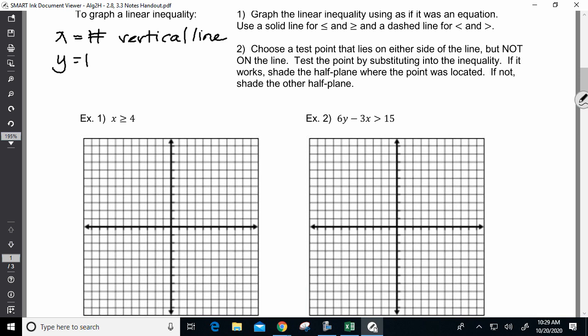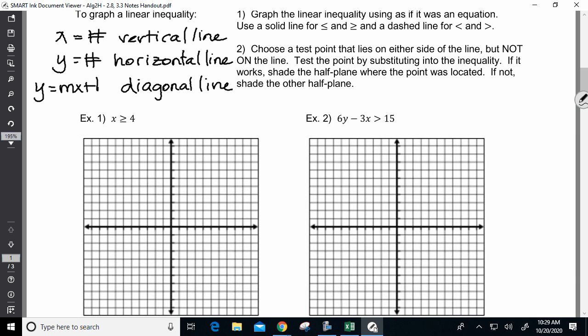Y equals a number, which is a horizontal line. And if you have a diagonal, slanted line, then you're in some kind of y equals mx plus b situation. So slope-intercept form will get used.